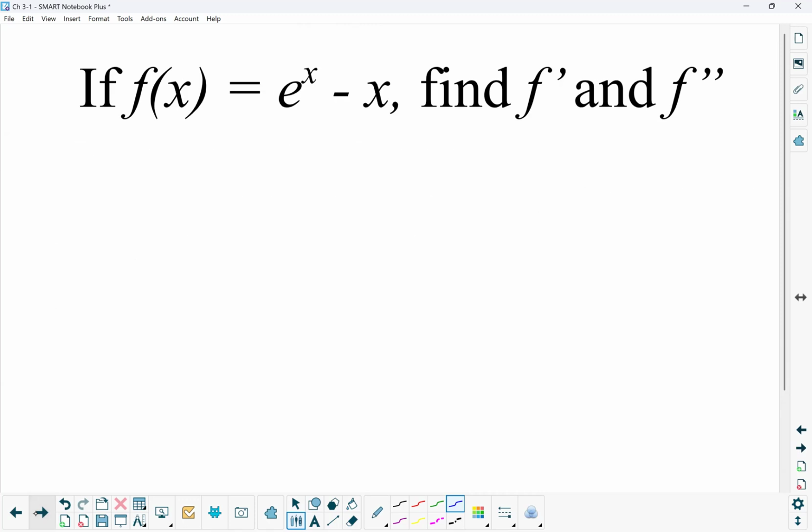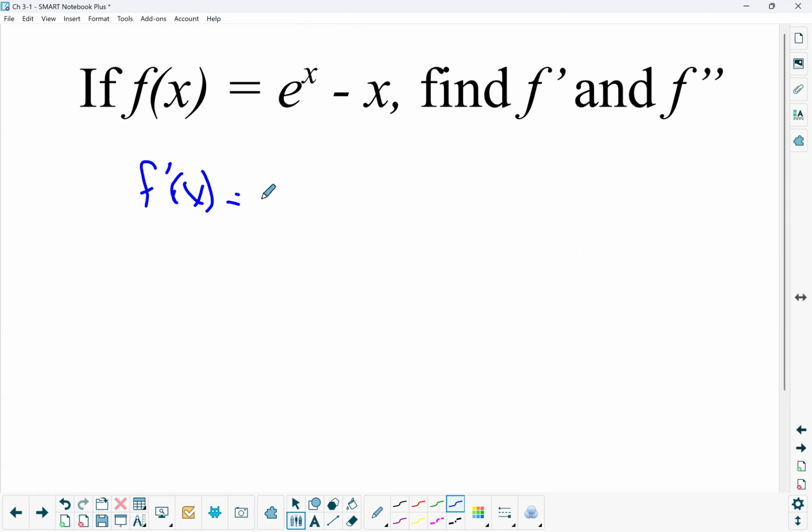So if f of x is e to the x minus x, find f prime and f double prime. So for f prime of x, we can use that derivative of a difference. We take the derivative of each piece.